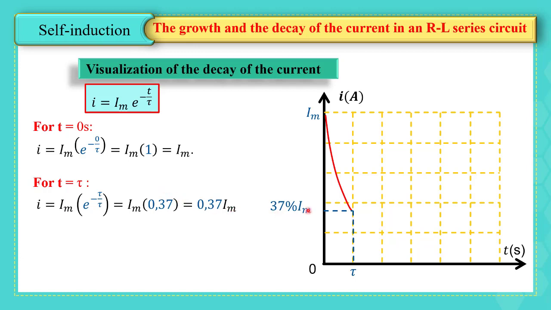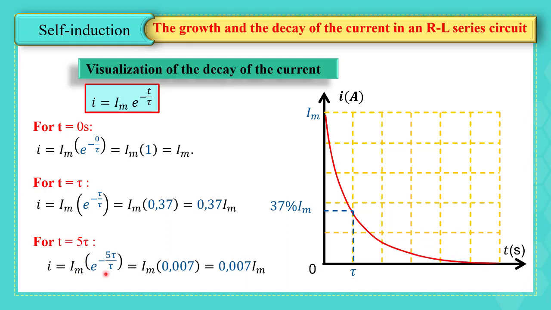So for t equal tau, the current i drops to 37% of its maximum value. And finally for t equal 5 tau, i equals I maximum e to the power minus 5, which will be equal to 0.007 I maximum. So for t equal 5 tau, i approximately reaches 0.